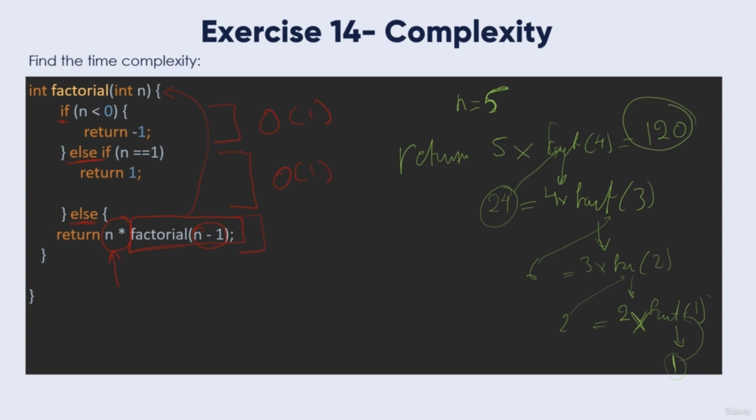If we pass n equal to 5, the returning value of this function will be 120. So it depends on the factorial of n. Since it is a straightforward recursion, it is depending on the n. Okay, so it will result in O.